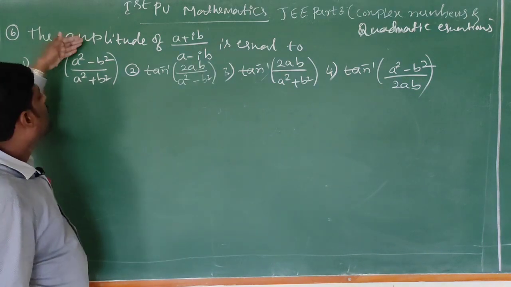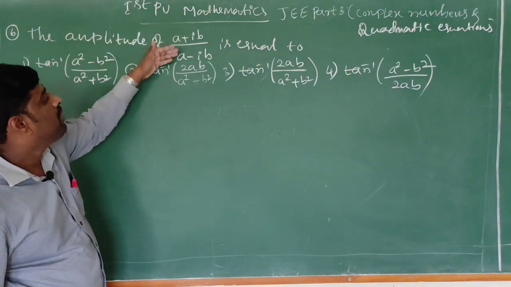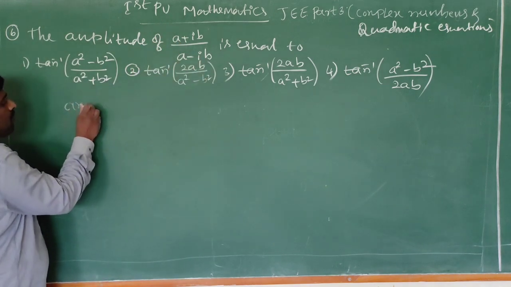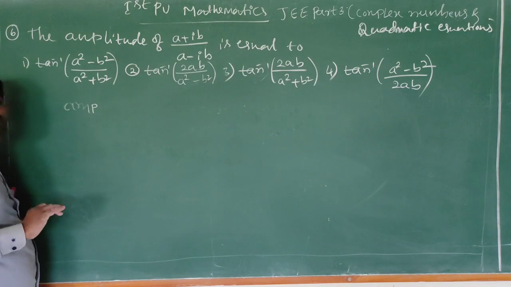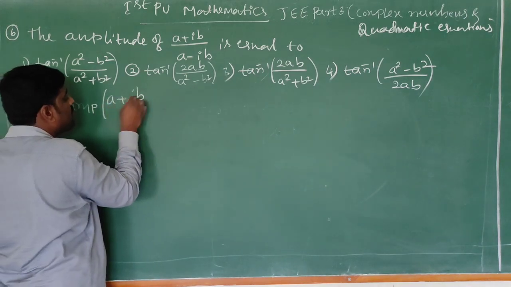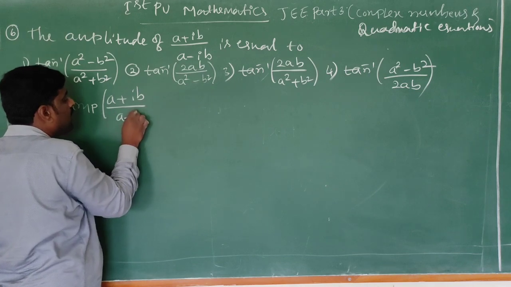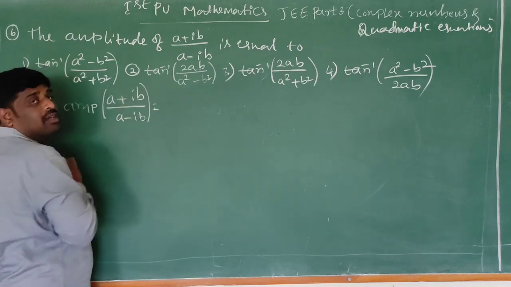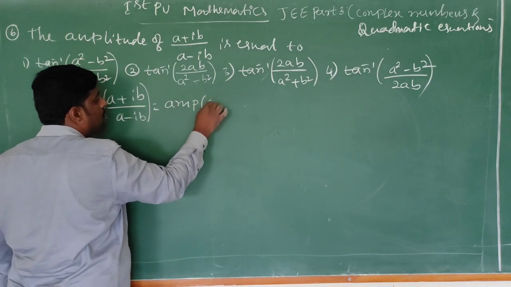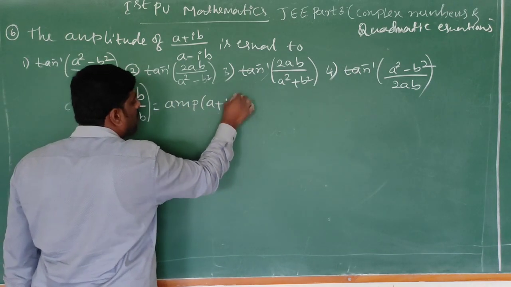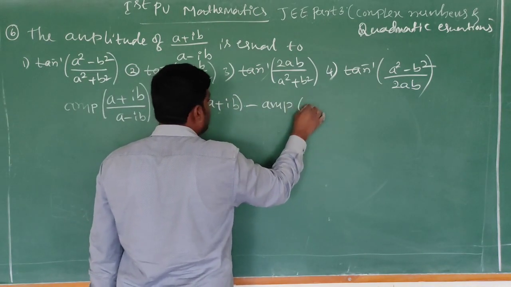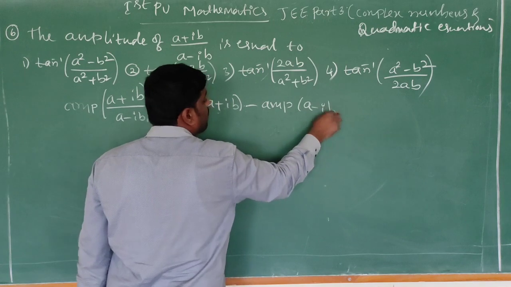Observe, children, amplitude of a plus ib divided by a minus ib. We discussed one property: amplitude or argument, both are the same. Amplitude of a plus ib divided by a minus ib can be written as amplitude of a plus ib minus amplitude of a minus ib.